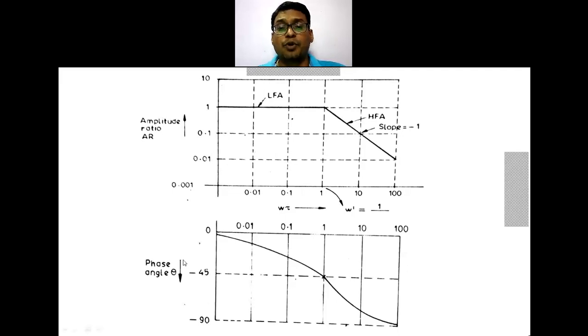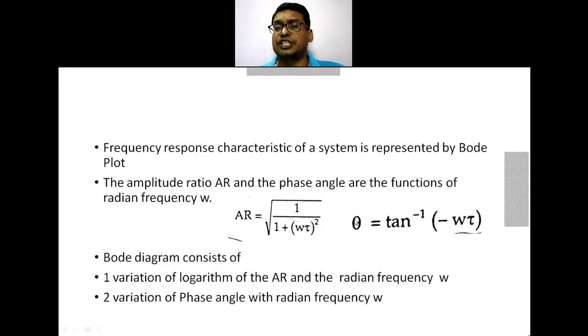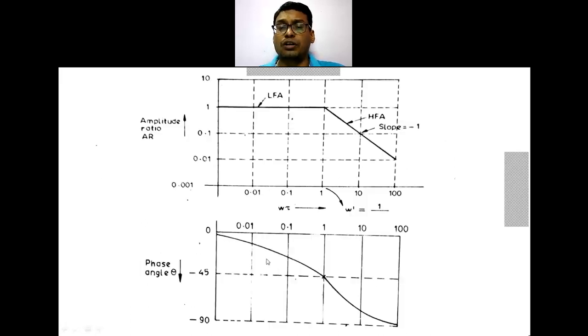Then the second plot is related to the phase angle against omega tau. That is our second relationship, phase angle theta equal to tan inverse of minus omega tau. So this is the second graph, the phase angle against omega tau.